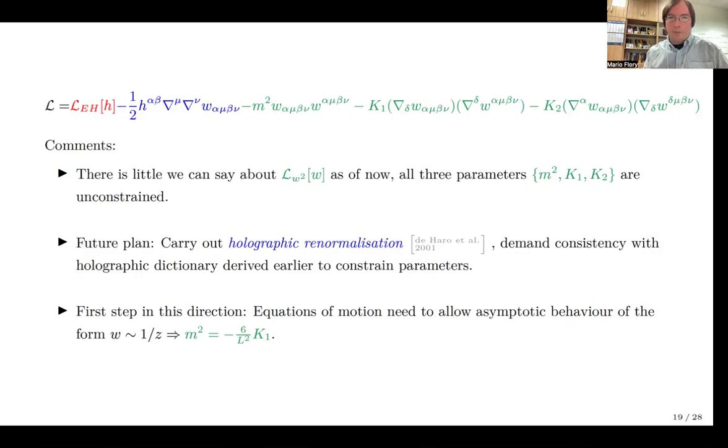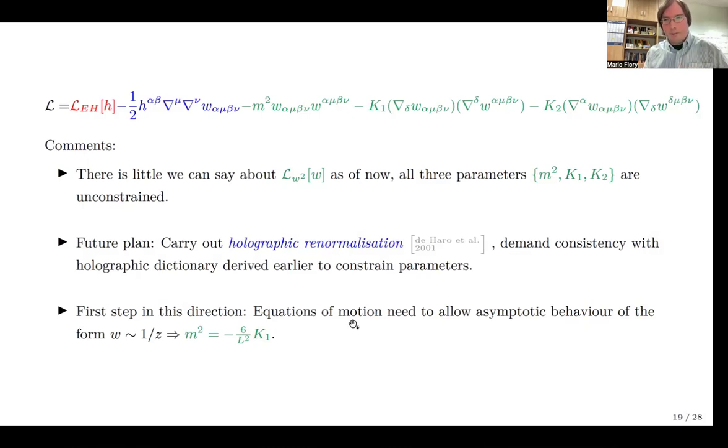So demanding consistency between these two results, I think, will allow us in the future to constrain these terms more stringently, and that will be a very, very interesting thing to do. The whole procedure is a little bit complicated, so we leave that to the next paper. But we were already able to carry out the first step in this direction.